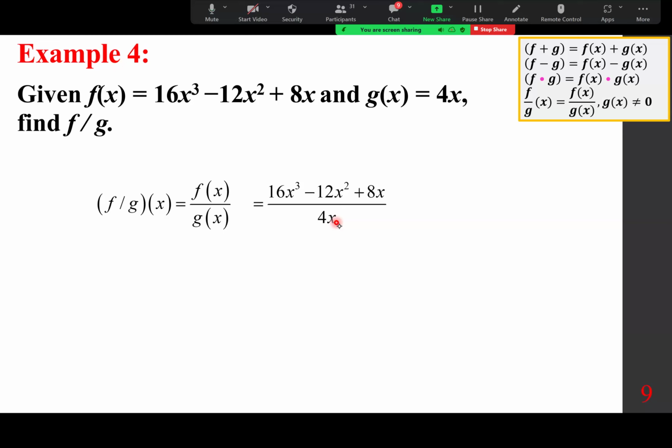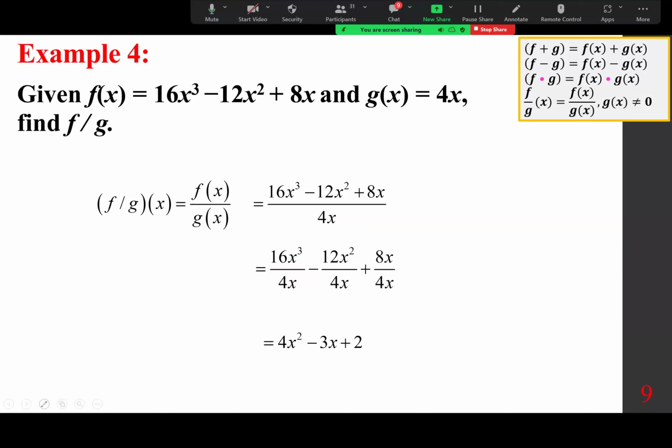We can make up three fractions, everybody. Simplify all three as follows. This 4x squared, this minus 3x, and finally number 2.